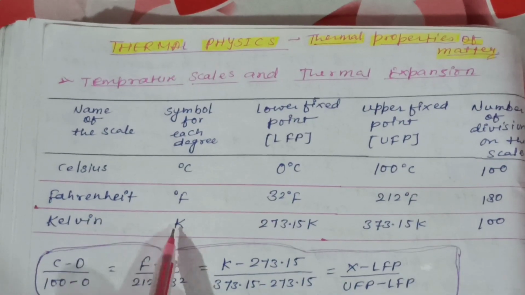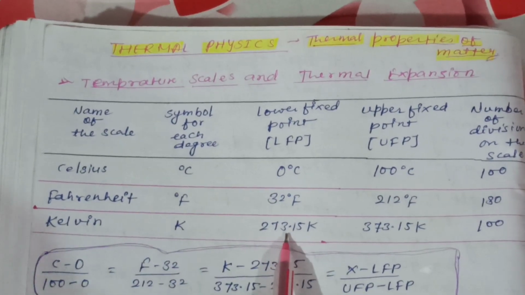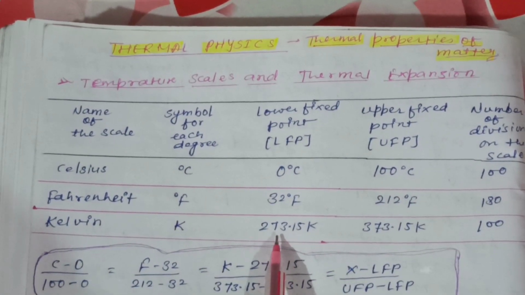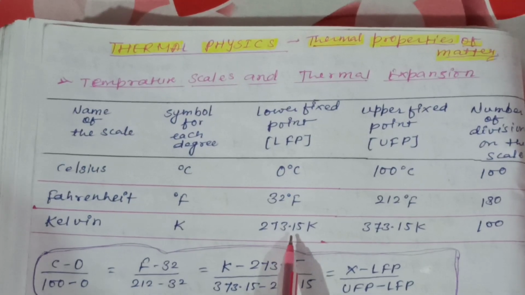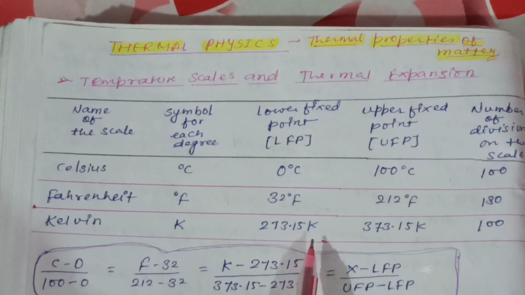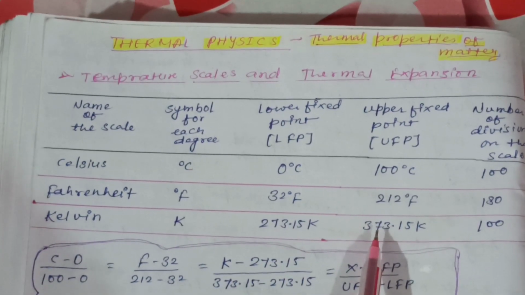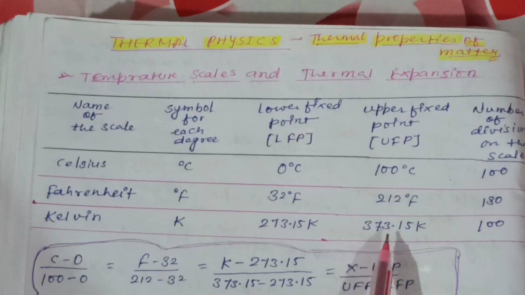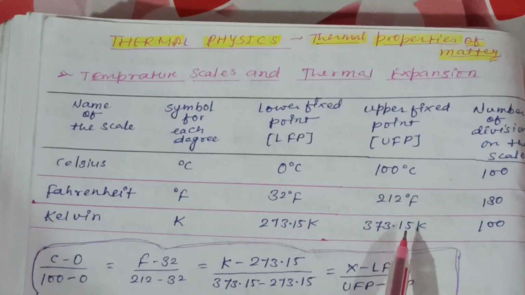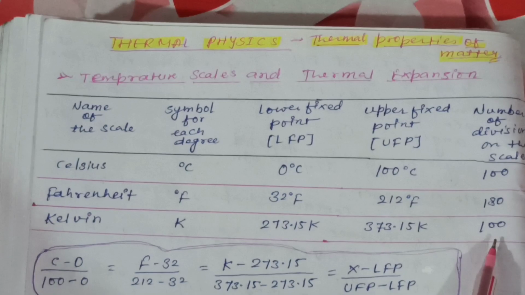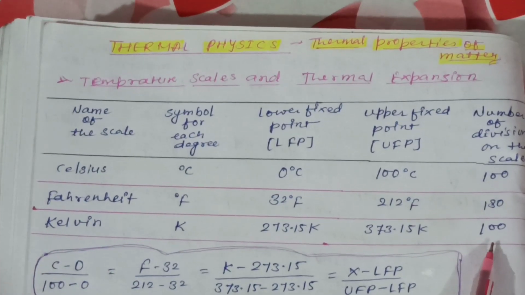Kelvin: K, lower fixed point 273.15 K, upper fixed point 373.15 K, number of divisions on the scale 100.